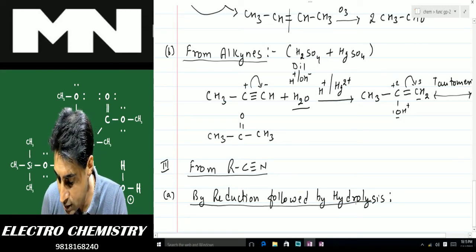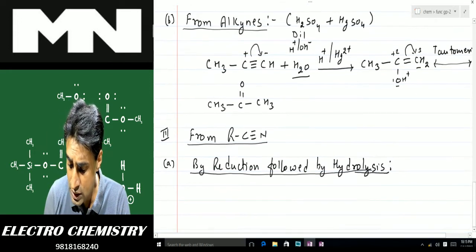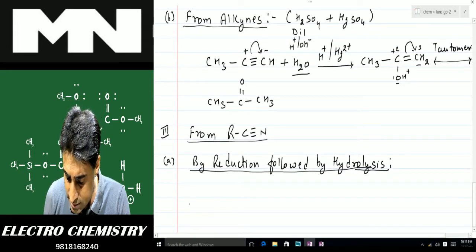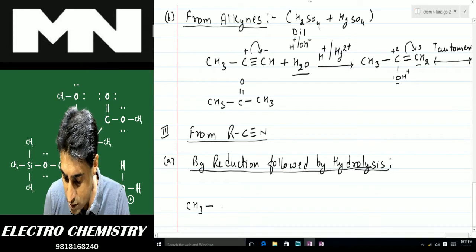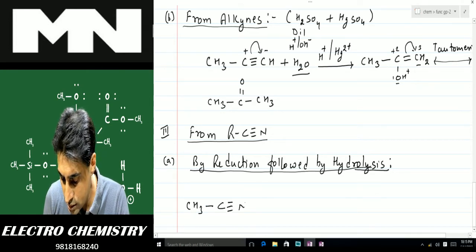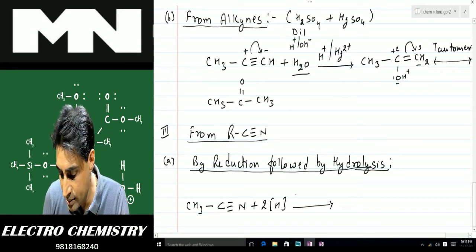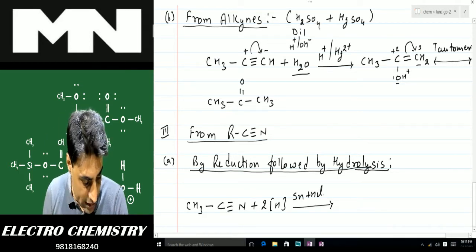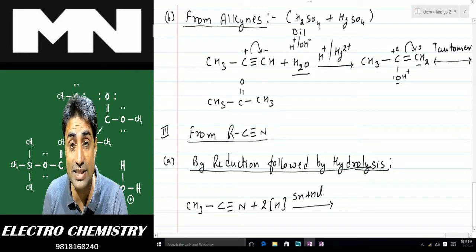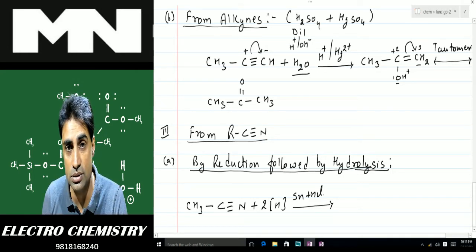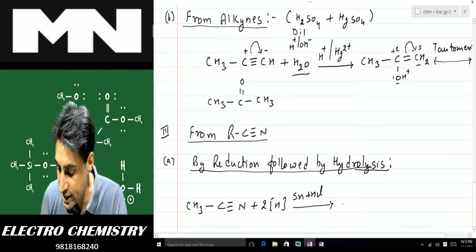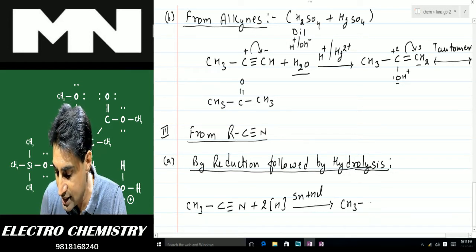Suppose I got a compound like CH3CN and I am adding two nascent hydrogens. Where are these nascent hydrogens coming from? They are coming from the reaction of tin with HCl. When tin reacts with HCl, it forms SnCl2 and releases two nascent hydrogens. These nascent hydrogens will react with the cyanide and will reduce it to this compound.